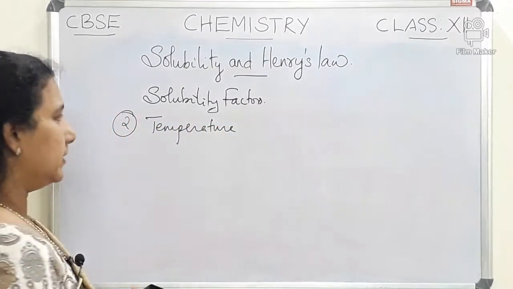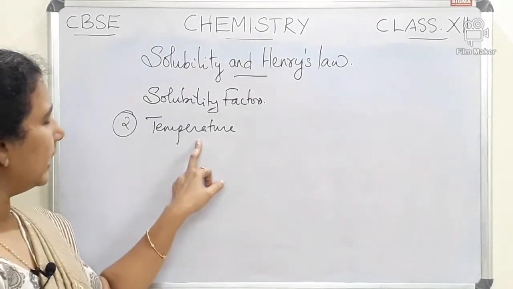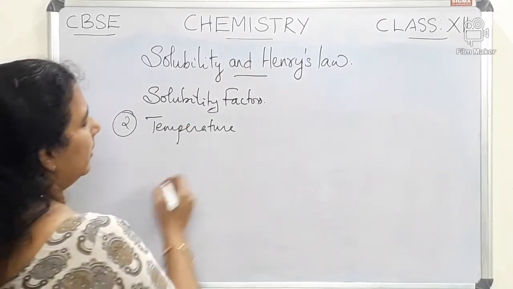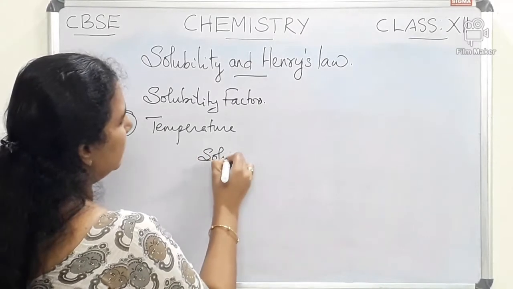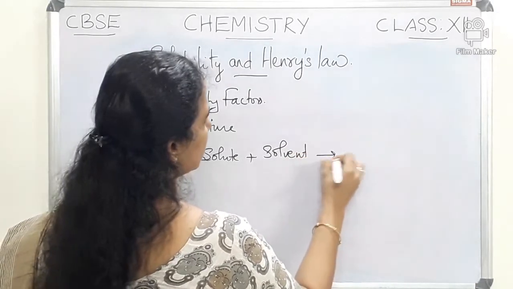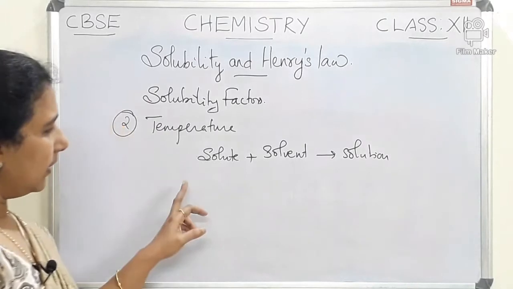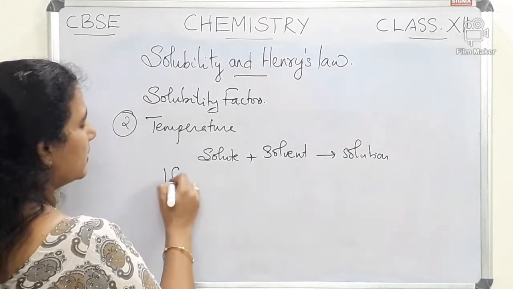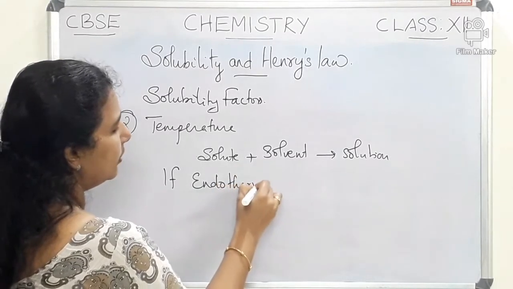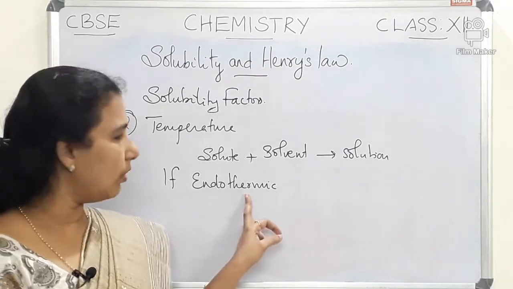The second solubility factor is temperature. Temperature has an effect on the solubility of a substance. We know that a solute dissolves in a solvent to produce a solution. If this dissolution process is endothermic in nature, that means heat is absorbed.